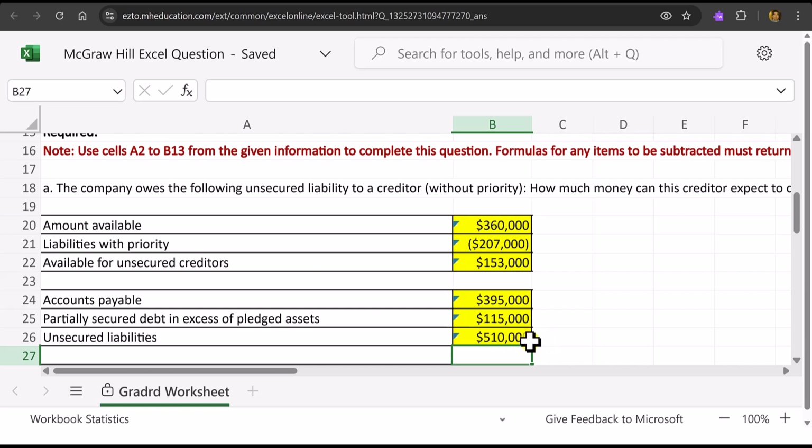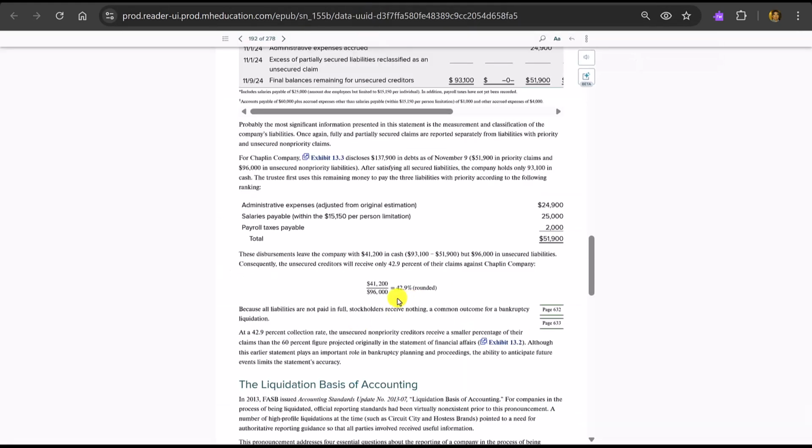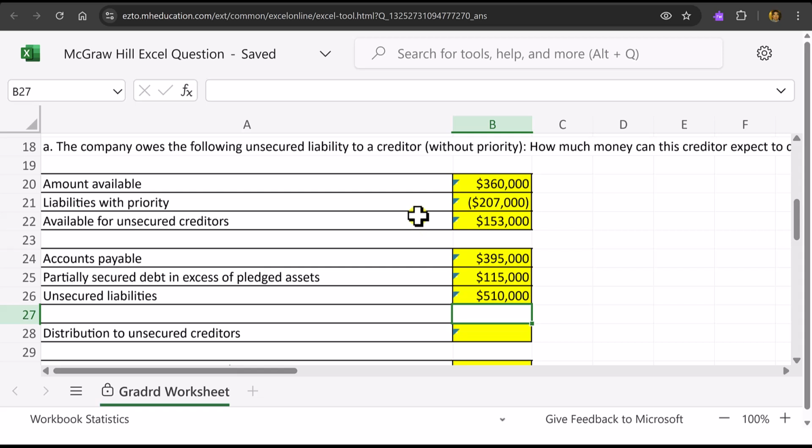And how much do you have to pay them off? Only 153,000. So here in this line 28, it's not really clear, but we're told to again, or it's implied, to figure out this percentage here. That's the remaining assets divided by the unsecured liabilities. So let's put that in here, if I can get to my spreadsheet.